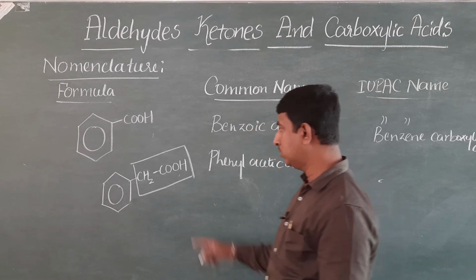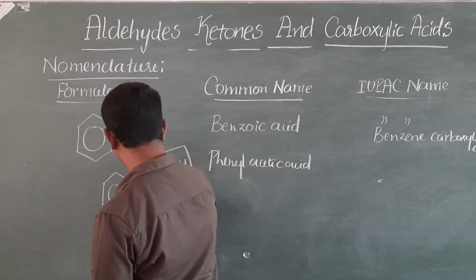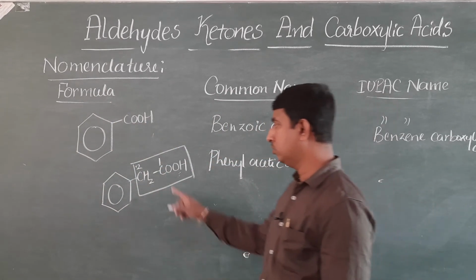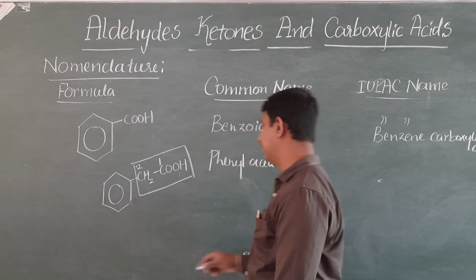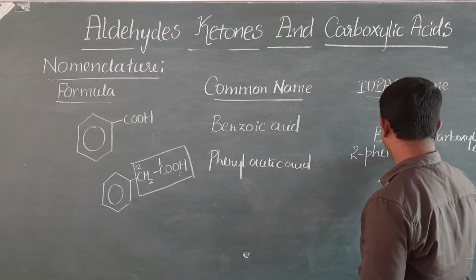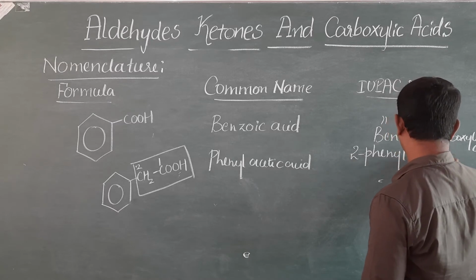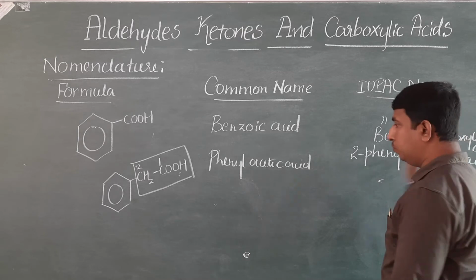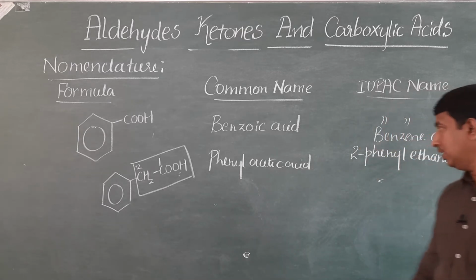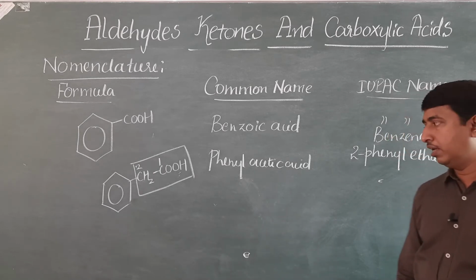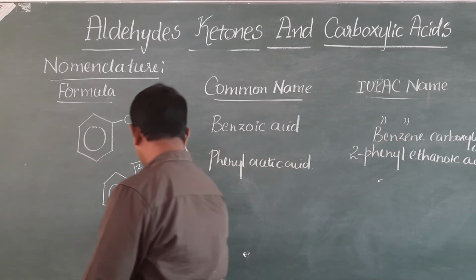This is carbon 1 and 2; the functional group should get the least number. So the name becomes 2-phenyl ethanoic acid. Total number of carbon atoms is 2. Common name is phenyl acetic acid.